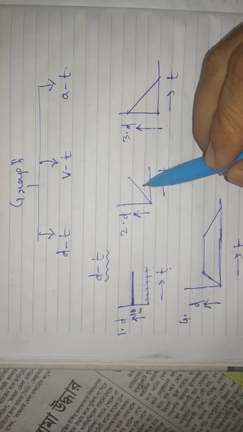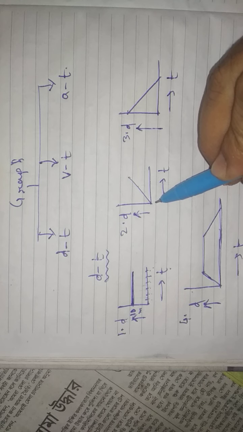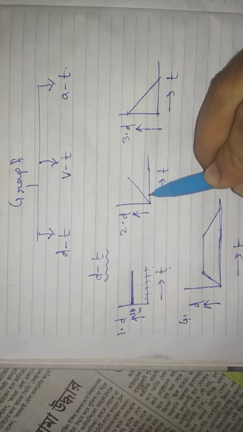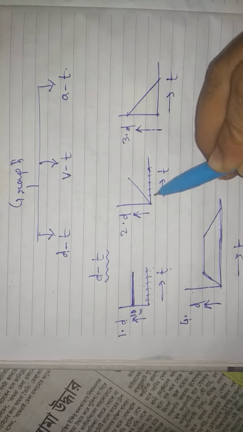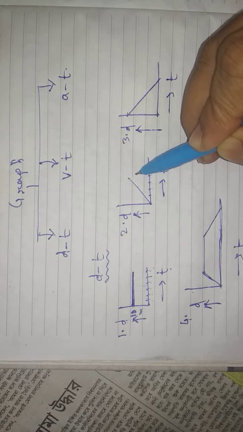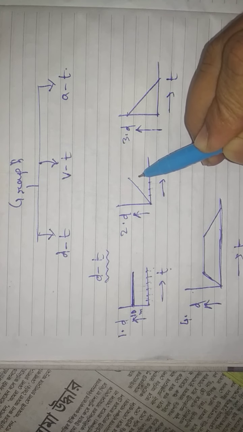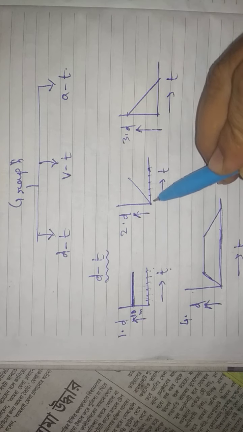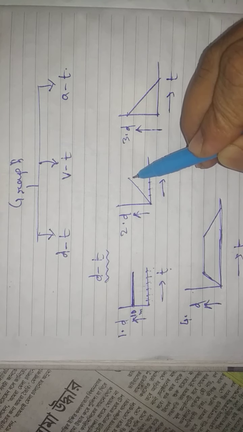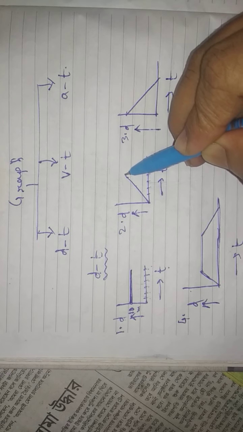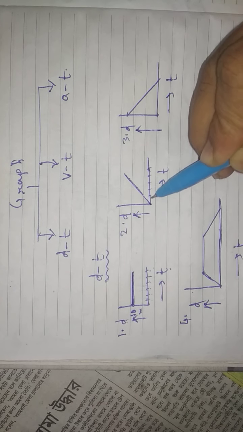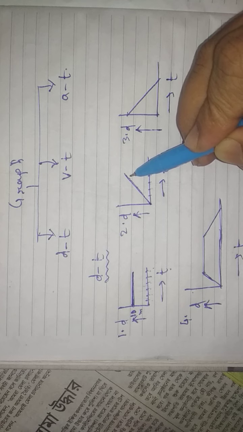Okay, next one. What is this graph? Here look, with the passage of time, the distance is increasing. That means the object is moving. Now how is this object moving? It is a straight line. That means the object is moving with a uniform speed.